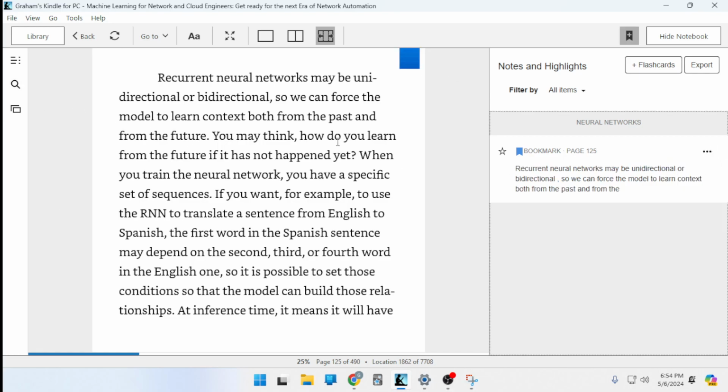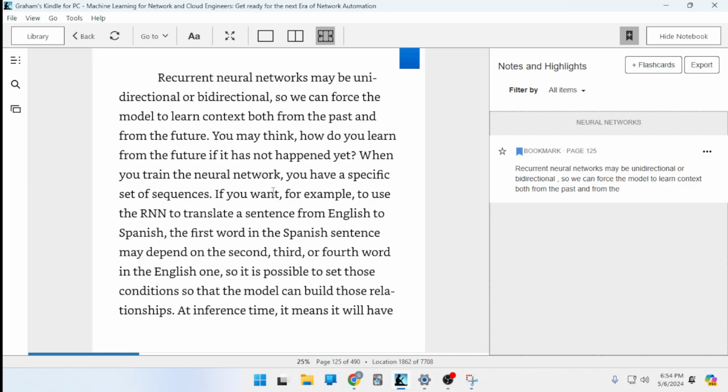Recurrent neural networks may be unidirectional or bidirectional, so we can force the model to learn context both from the past and from the future. You may think, how do you learn from the future if it has not happened yet? When you train the neural network, you have a specific set of sequences.